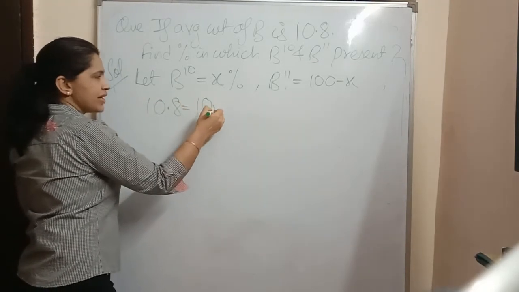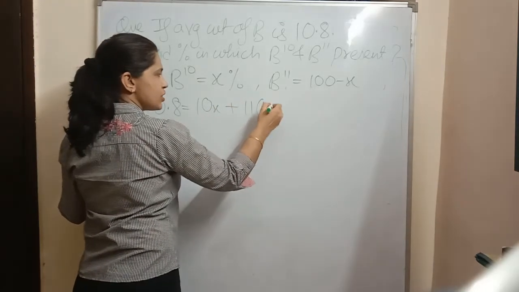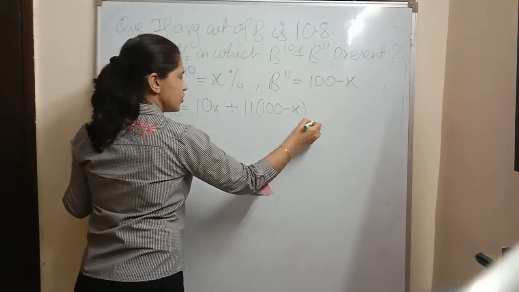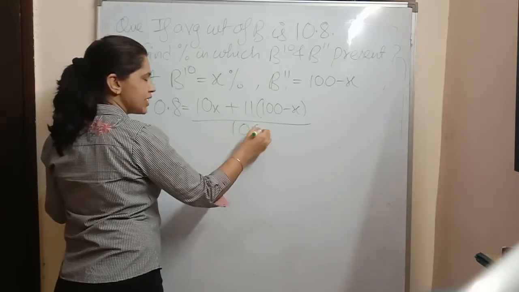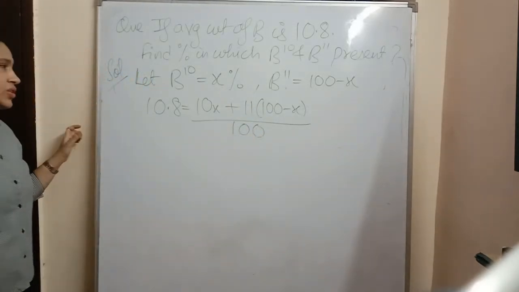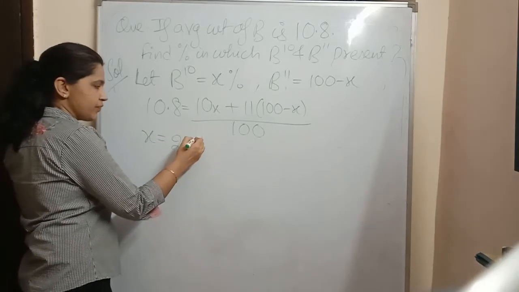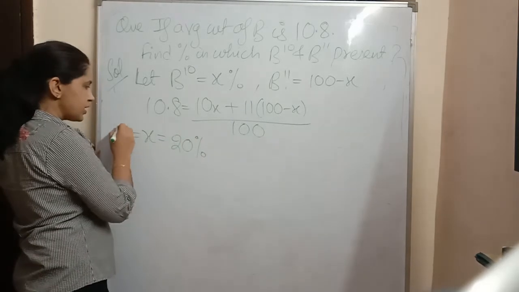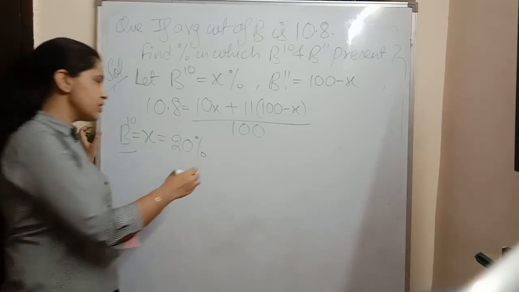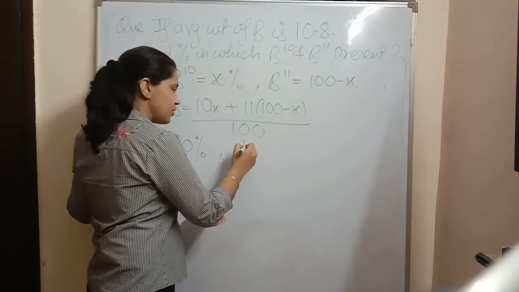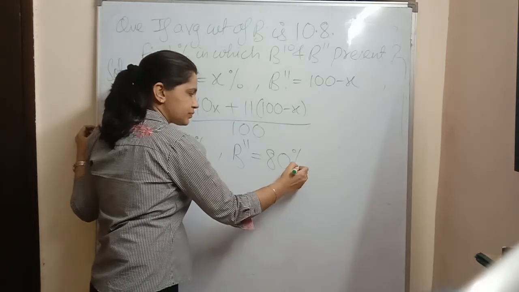So it is 10x plus 11 into (100 minus x), and the total we add, x plus 100 minus x, is nothing but 100, right? So how much will x come to? 20%. So boron 10 comes to 20%. And similarly boron 11 will be how much? 80%, right?